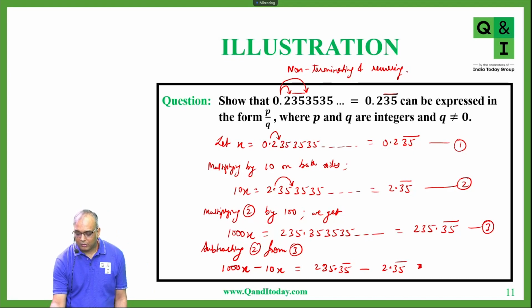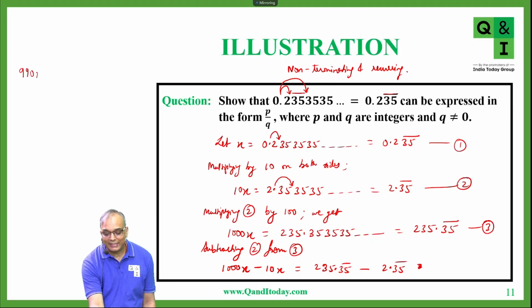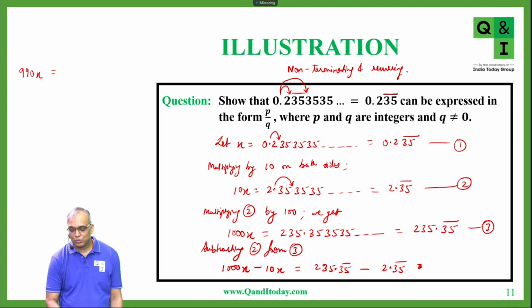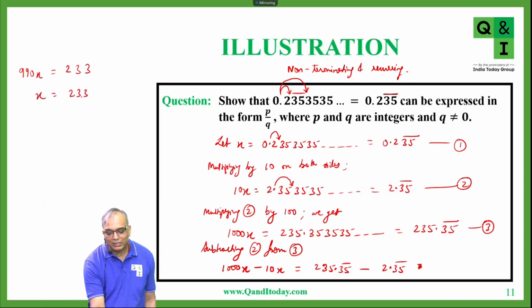So what will this give? I'll write it here. So 1000x minus 10x is 990x is equal to 235 minus 2 will give you 233 and 0.35 bar that gets cancelled. So this is 233. So x is equal to 233 divided by 990.